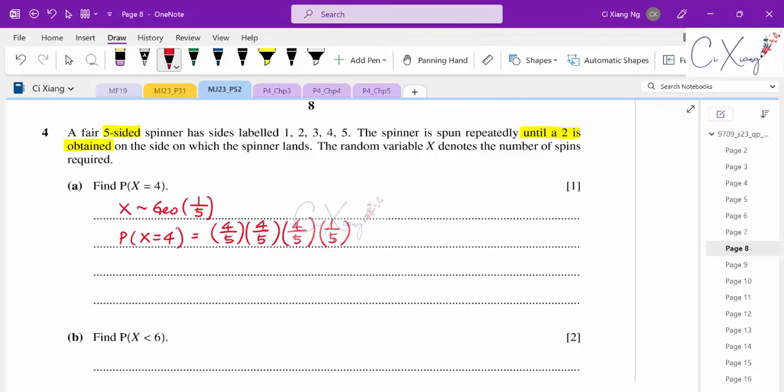That means the 2 appears for the first time on the 4th throw. To calculate this probability, simplify everything and you'll get 64 over 625. So this is how we solve part A.